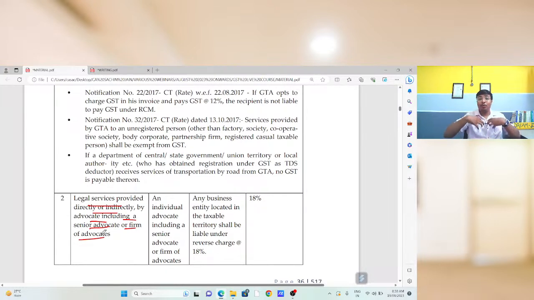If the advocate is going to provide advocacy services regarding legal matters, in that case RCM is applicable. Suppose I am providing legal and advocacy services to my clients. In that case, my client is liable to make the payment of taxes under reverse charge mechanism, because this supply is covered under reverse charge mechanism.